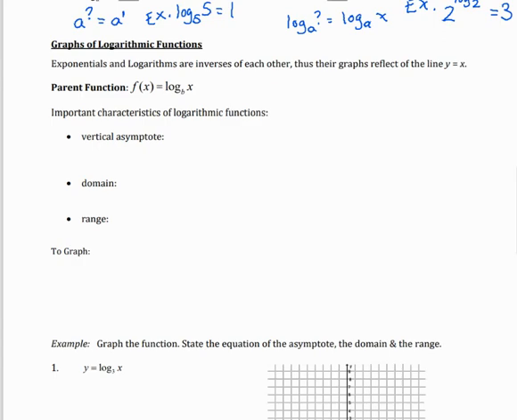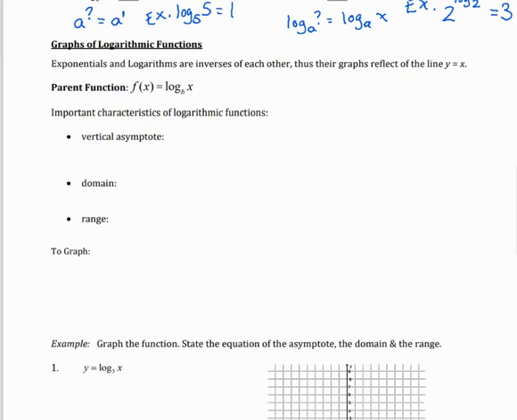Again, we have our parent function of log base b of x. That base value, that b value, can change, okay? So we don't have one set parent function. However, when we are doing these, we want to think about the most basic function and then apply our transformations afterwards.